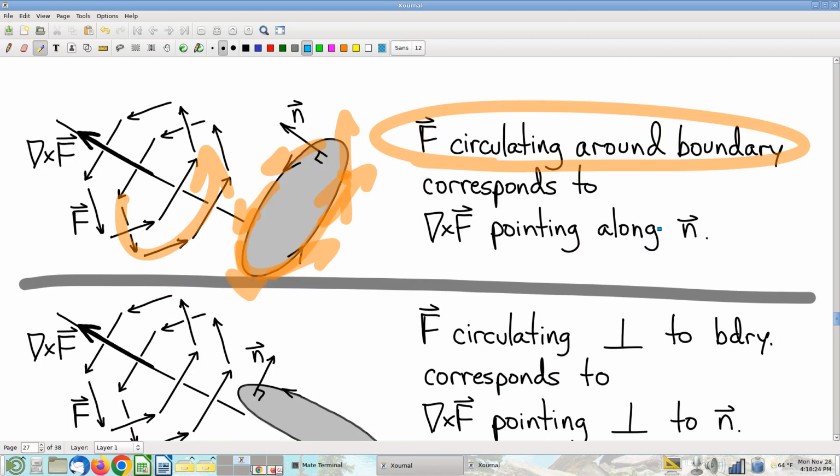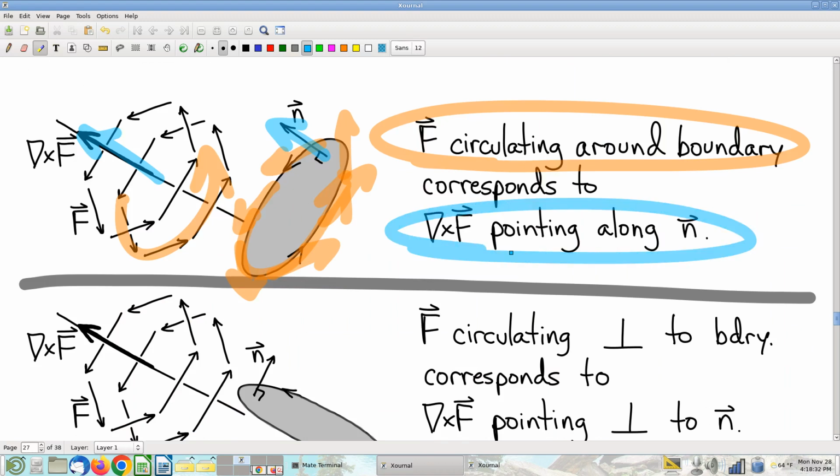And notice curl and normal vector are parallel. So you expect this dot product, this blue dot product, should also be large, corresponding to the fact that, yes, we are picking up significant circulation going around that boundary. Does that make sense? Okay.